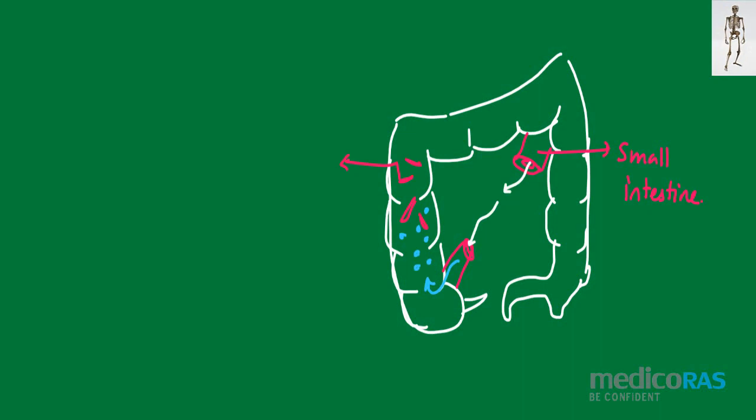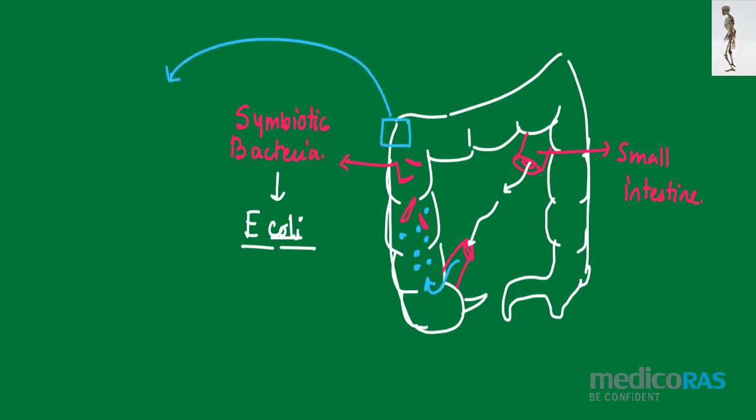These bacteria are actually known as symbiotic bacteria. The most common symbiotic bacteria present inside the human intestine is nothing but Escherichia coli or E. coli. If we check one of the cells of this particular zone, we come to know that the small intestine cells are something like this, which is mainly for absorption purposes.